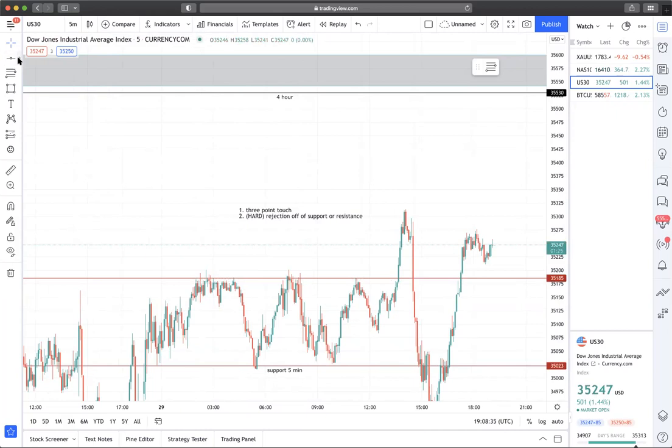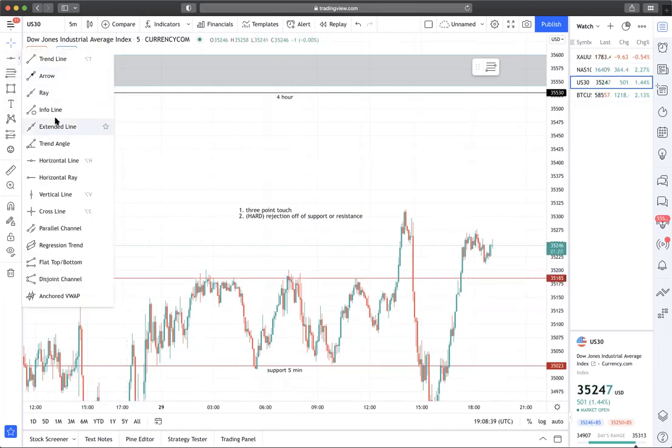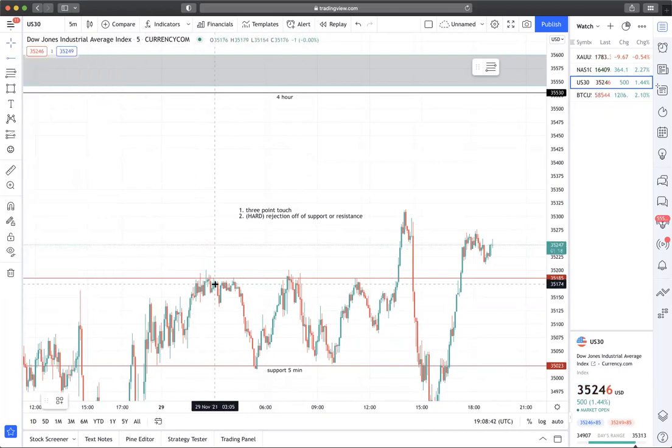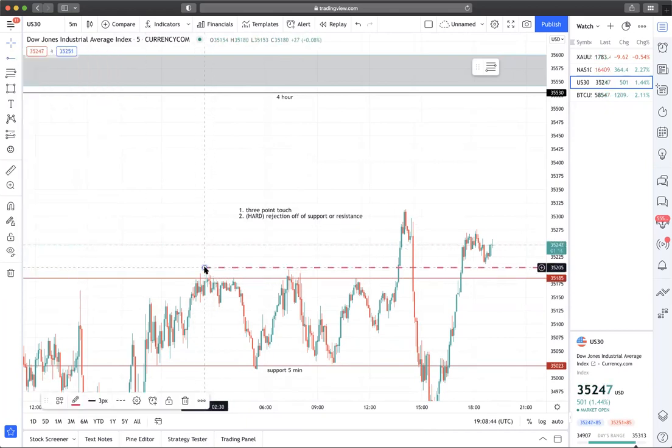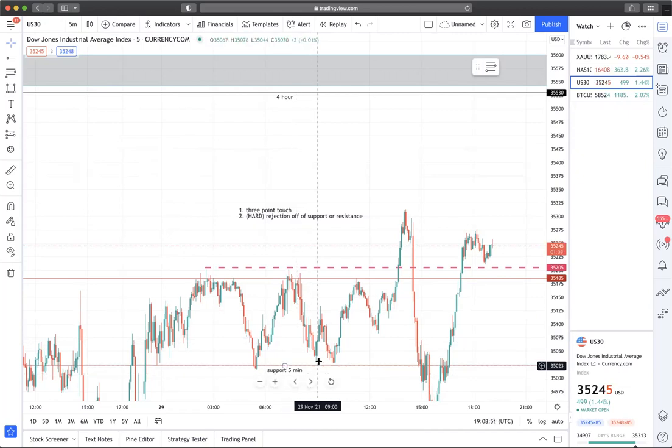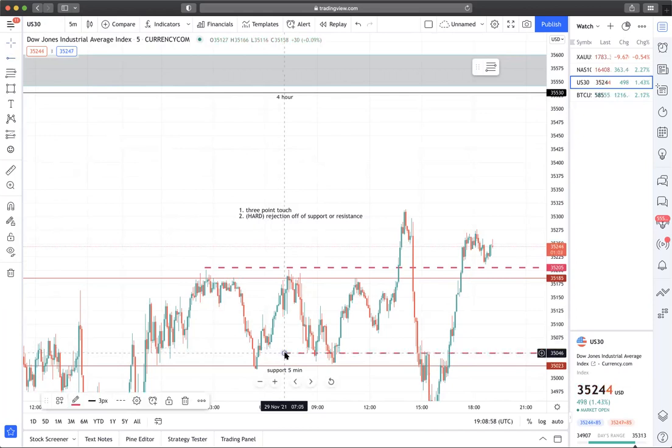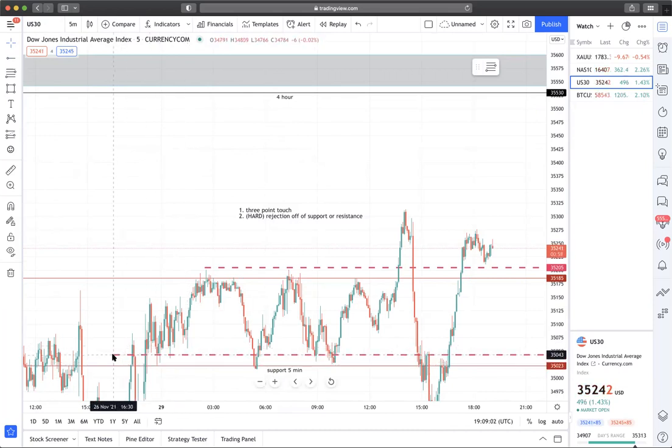So if I were to have taken this trade, I would have put my stop loss above the previous wick high, and I would have put my take profit at the next level of support, probably around here, just because we had all these wick rejections, so I wanted to secure some profit.